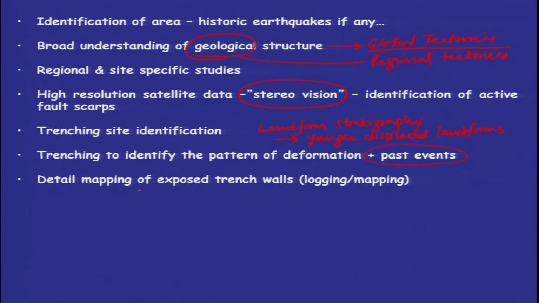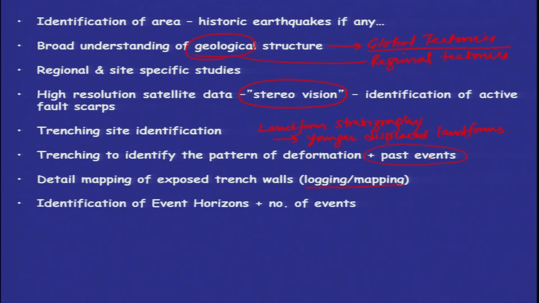Then further detailed mapping of exposed trench walls. So, we will do logging and mapping in detail, and this will help us in identifying the cross cutting relationships between the sediment layers, and that will help us in identifying the number of events. Identification of event horizons plus the number of events, we will be able to do when we are doing detailed logging of the exposed trench walls.